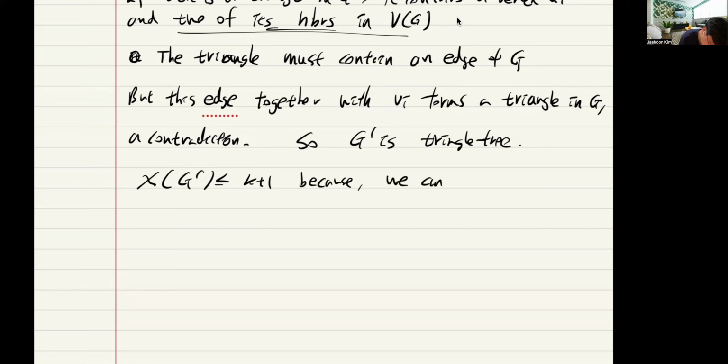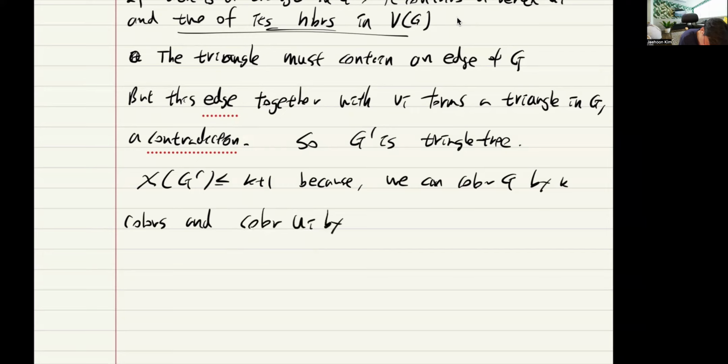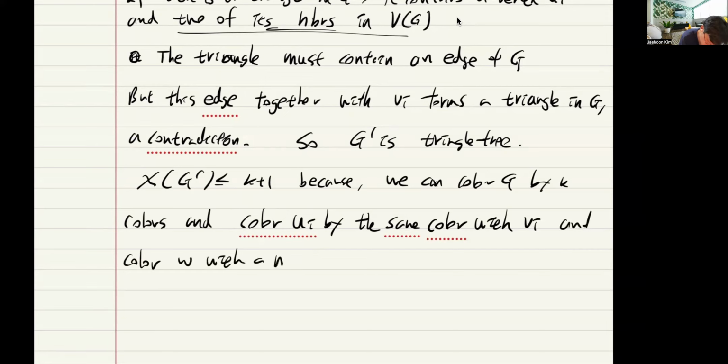Because we can color G by k colors, and duplicate, let's say, color Ui by the same color as Vi, and color W with a new color.